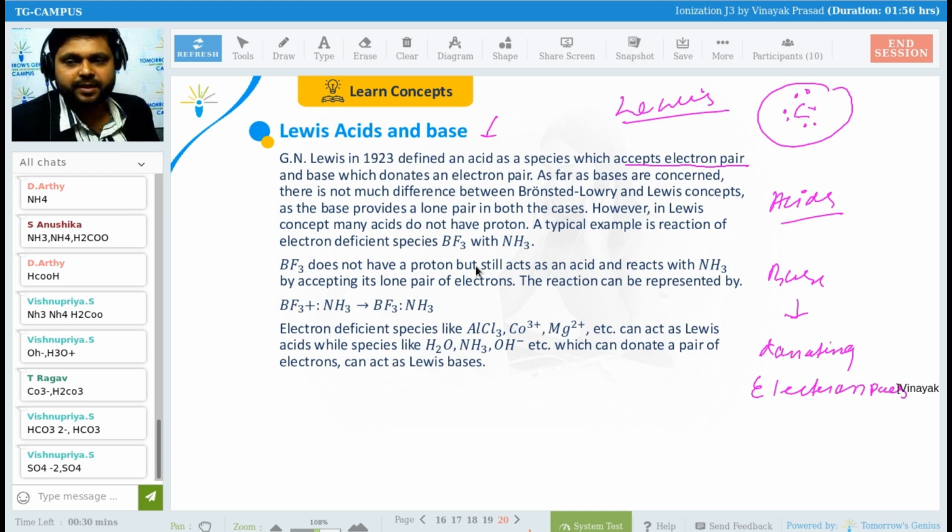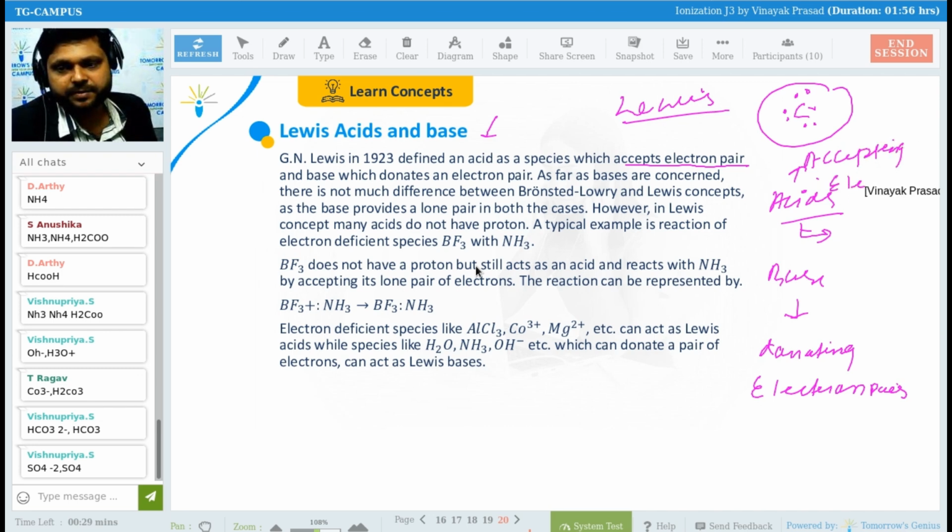Getting my point? And acids are a species which accepts electron pair. Is it okay? Is there any problem, guys?